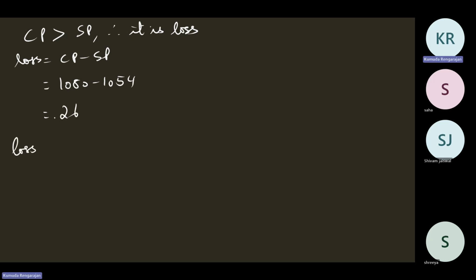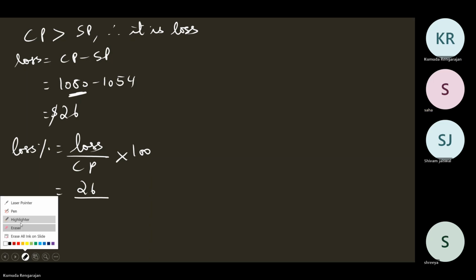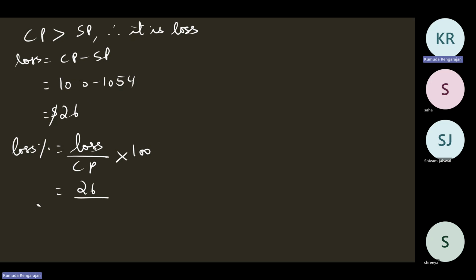So loss percent is loss by CP into 100. Loss is 26, CP is 1080, into 100. Calculate this one.